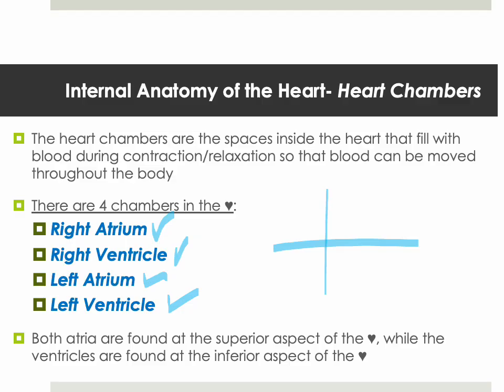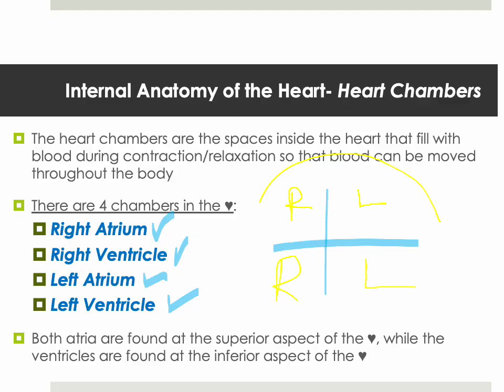If you guys think about a building, a lot of buildings have an atrium, right? And that's why these guys are called atrium. So we have right atrium, left atrium. Below these guys, they're gonna be the ventricles. So we have a left ventricle and a right ventricle, right?